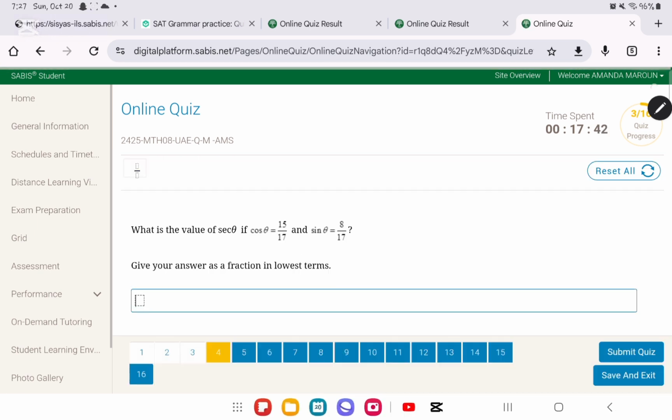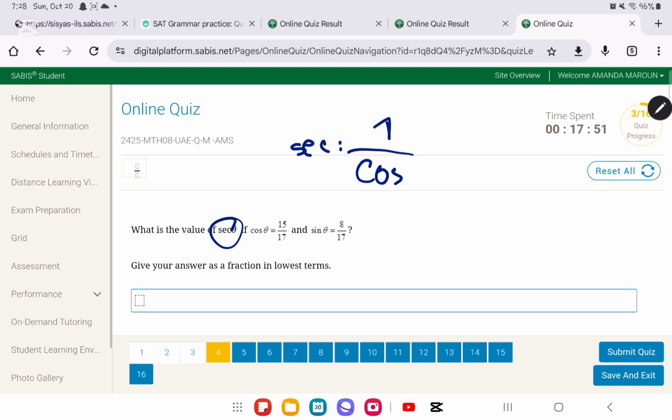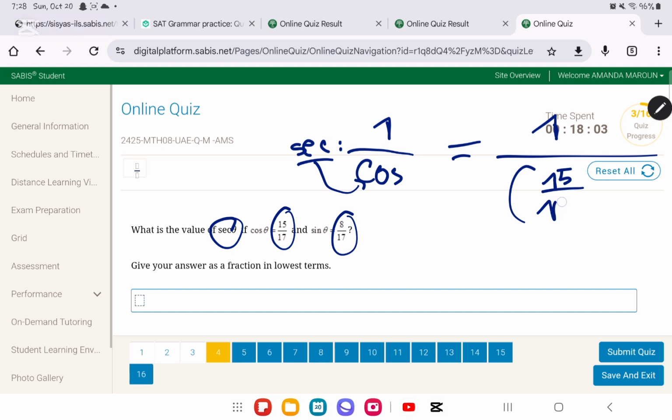Question number 4. They're asking us for the secant. We know that the secant is 1 over the cosine. Okay, if we are given the cosine and the sine, whenever we have secant, we're going to do 1 over the cosine. So here it's going to be 1 over 15 over 17, and then you will get what? 17 over 15.